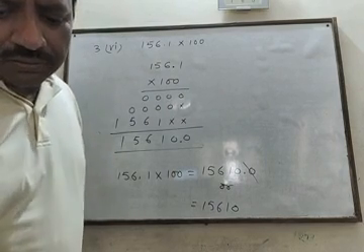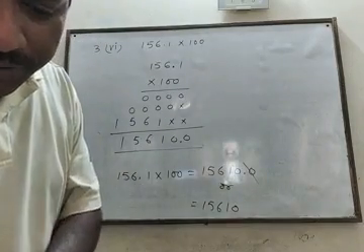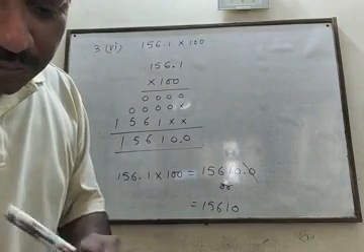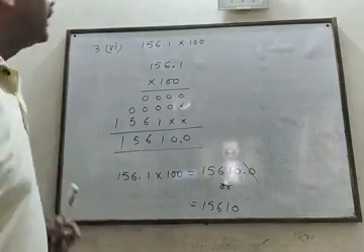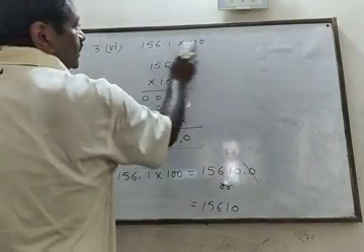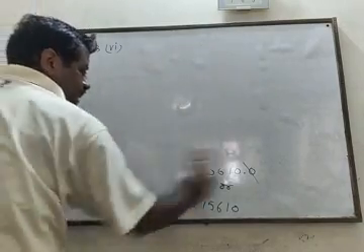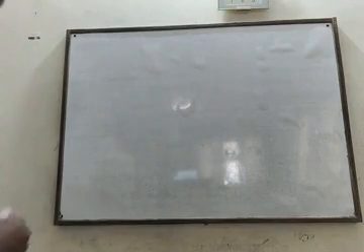Now question number 4 is related to the unitary method, so you will try it on your own. Come to question number 5. Here in both the numbers decimals are there. So how will we do it?